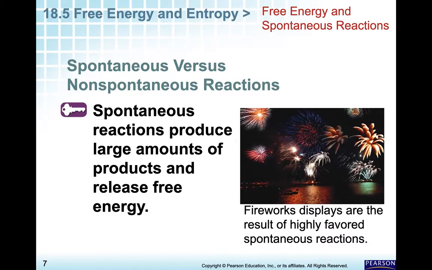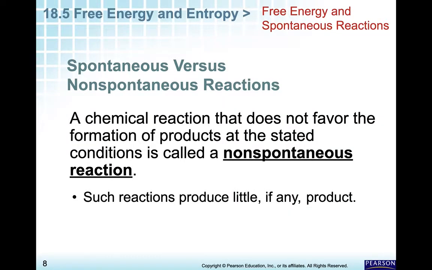We burn reactants, we form the products, it releases a lot of heat, a lot of sound, a lot of energy. And so we produce products and we also release free energy. We release a lot of energy in spontaneous reactions. Meanwhile, a chemical reaction that does not favor the formation of products under a given set of conditions would be non-spontaneous. These reactions would form very little, if any, product. They just don't happen naturally.